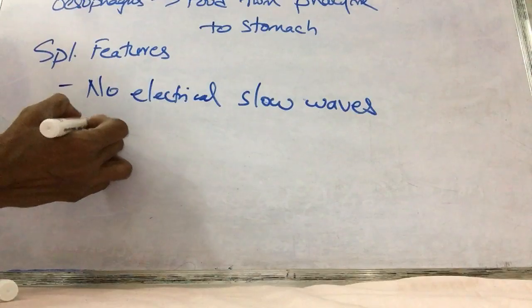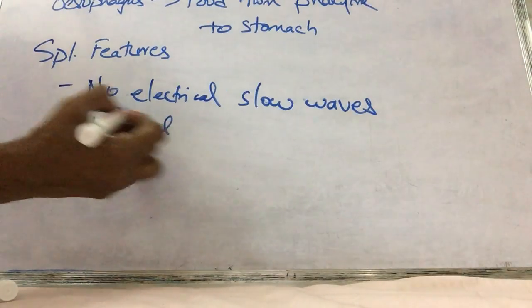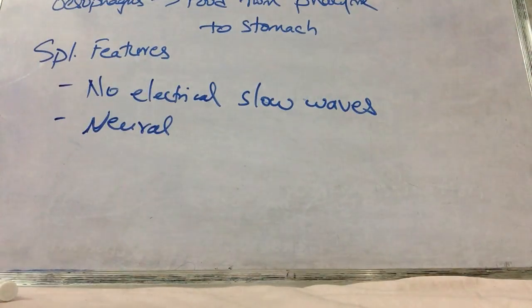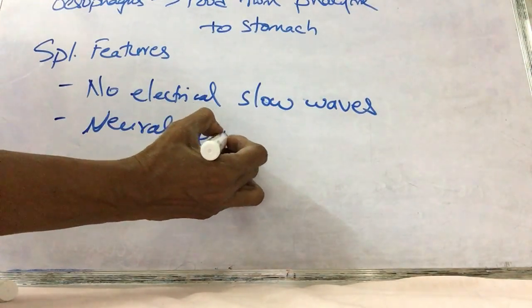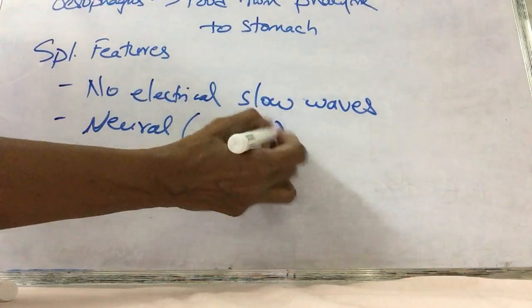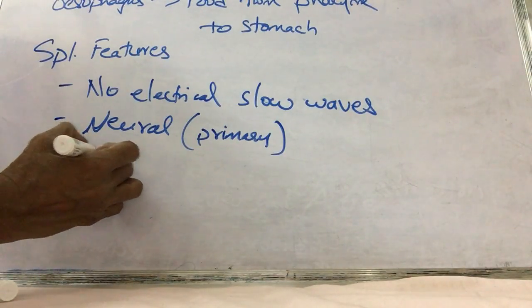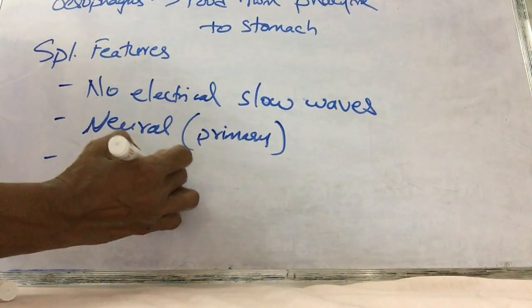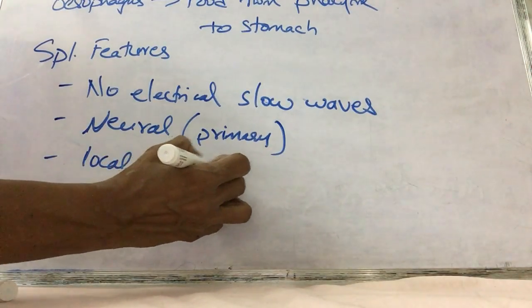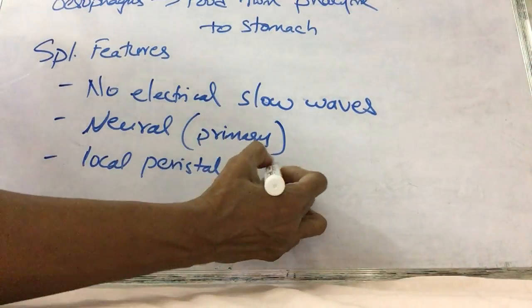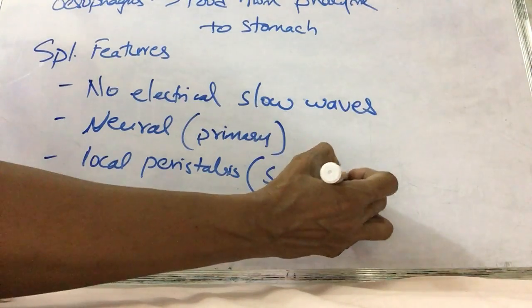So peristalsis is by neural mechanism, that is primary peristalsis. Primary peristalsis. And when the food bolus is present, it causes local peristalsis or secondary peristalsis.